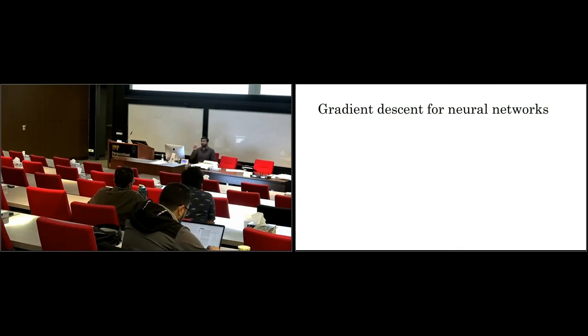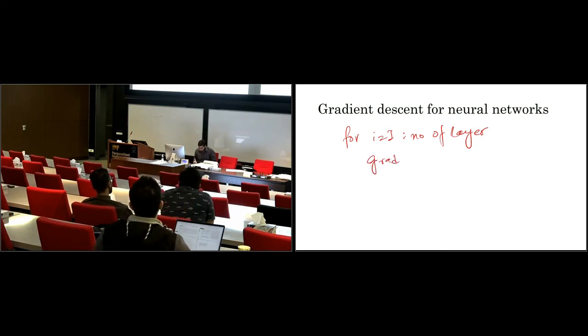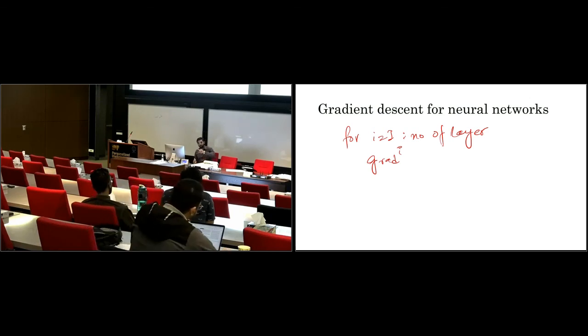So when you're trying to update the weights of the network, like I said, imagine that all the layers are stacked in a big vector. So basically, let's say I have a loop for i equal to 1 to number of layers, and I'm finding gradient i, where gradient i is the gradient of the loss function with respect to the weights of that layer.